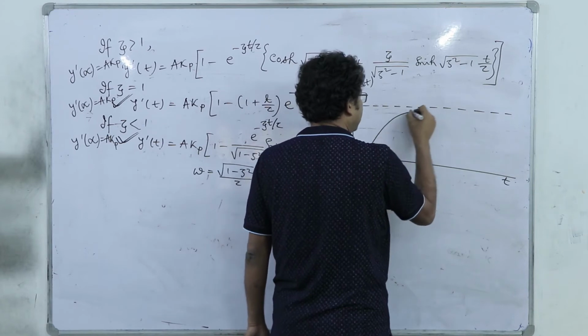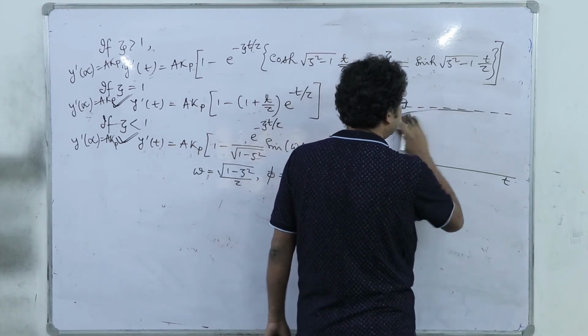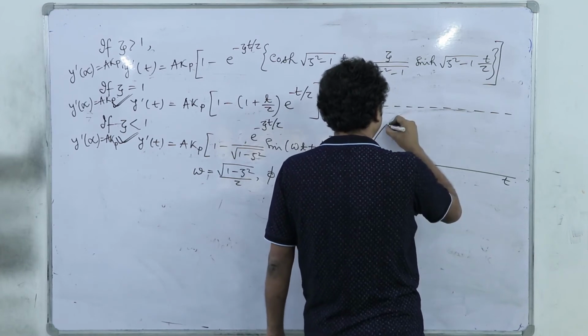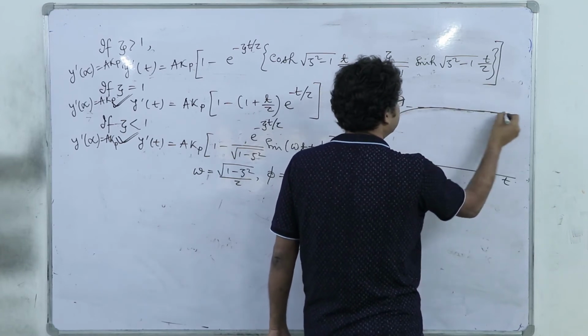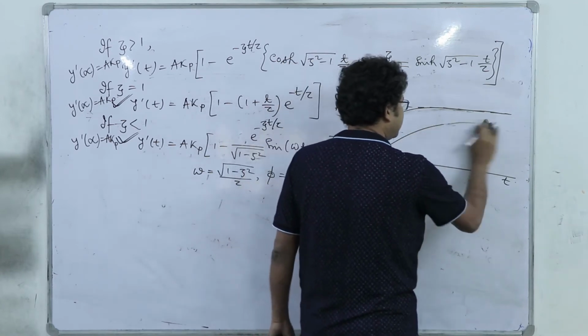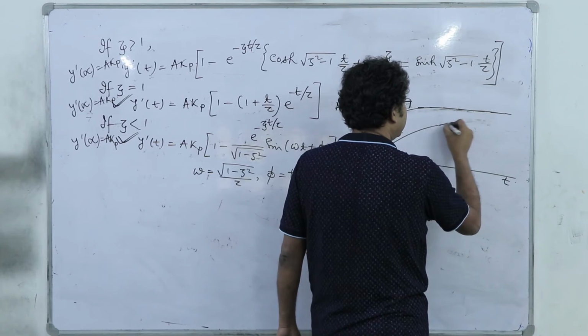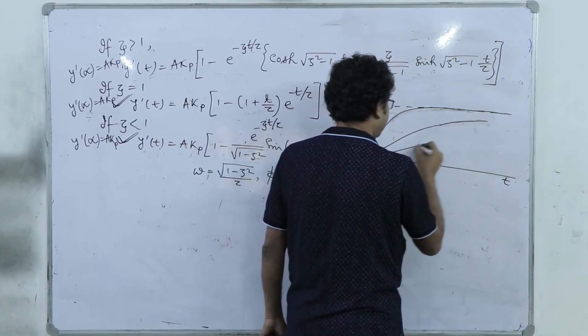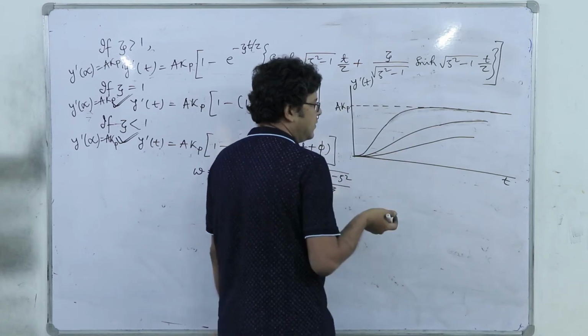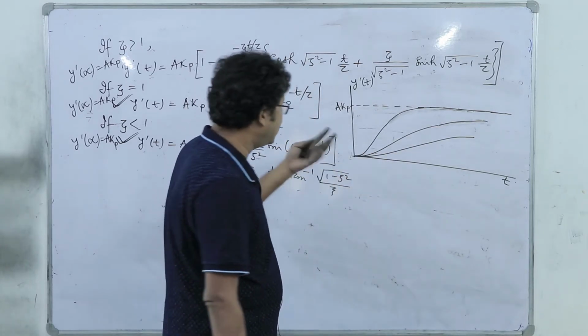Critically damped will be something like this. Overdamped will be like this. It's slowly and progressively growing, and as the value of zeta increases, the response, the y for a specific time, will be lower and lower.